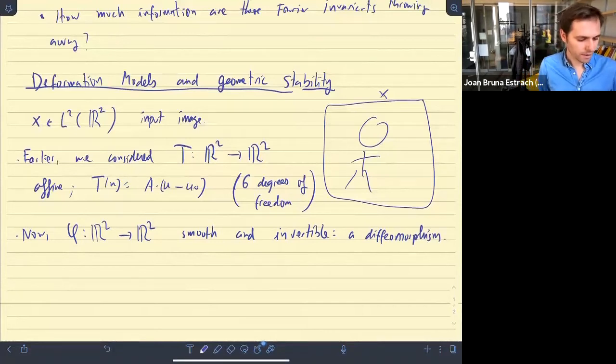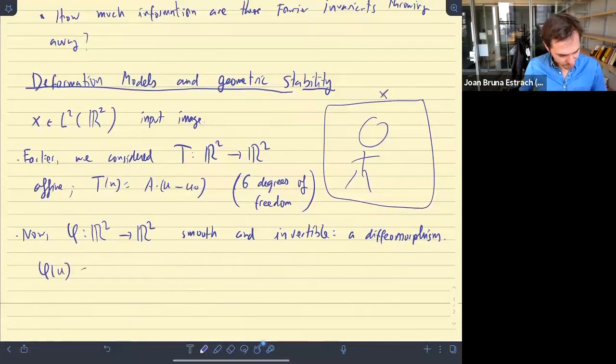If you want a specific way to think about these diffeomorphisms, you can think that they take the pixel and they move it. So essentially think about a perturbation of the identity. They are just moving things a little bit. So the new location of the pixel is the old location minus some perturbation. So tau is again another field that goes from R2.